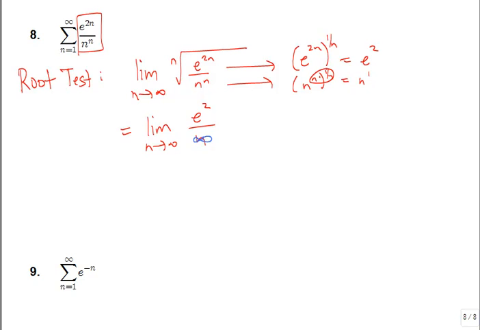So that's fixed. And if your numerator is fixed but your denominator is getting bigger, then the whole fraction is getting small. And that's less than 1. And these have the same conclusions that the ratio test have. So if your limit exists and is less than 1, then you converge. And this converges by the root test.